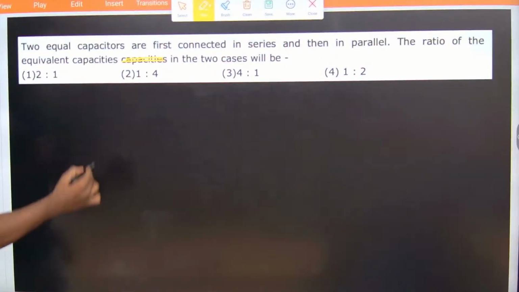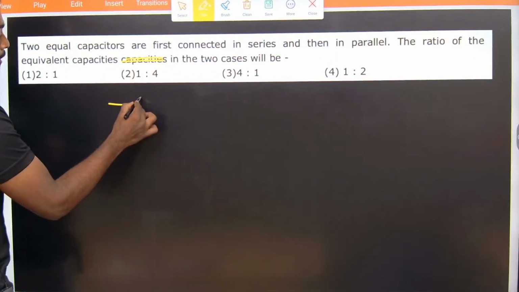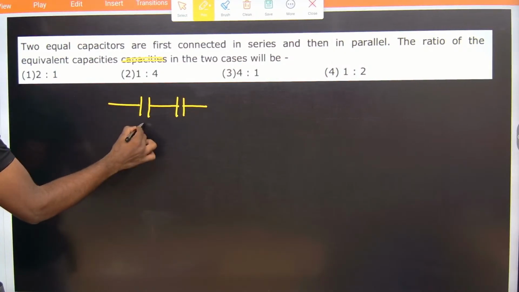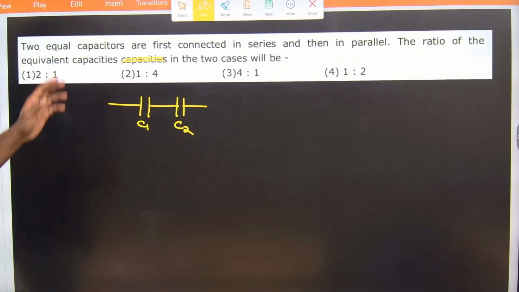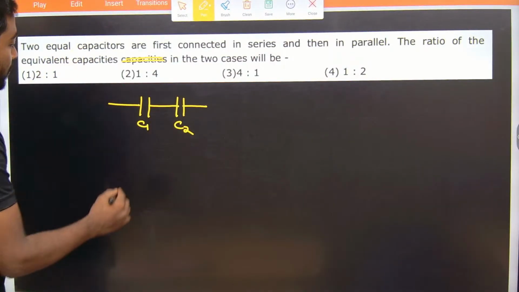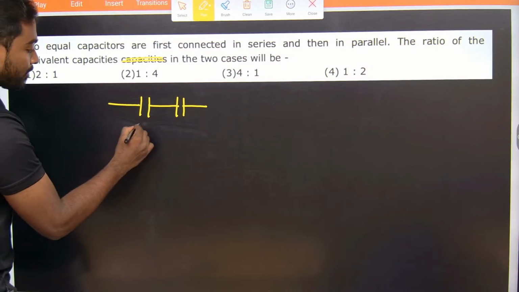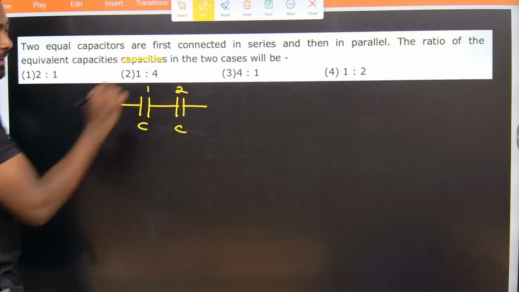Okay. So let me take the diagram first. So this is the capacitor. So first capacitor C1 and this is C2. Okay. And both are equal, they told. So let me take C and C. This is the first capacitor, this is the second capacitor.